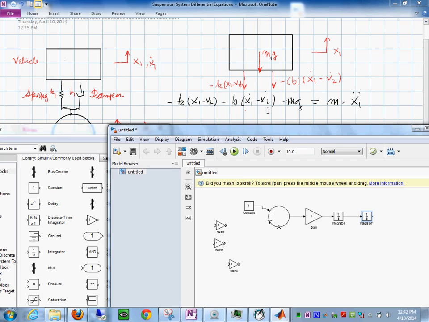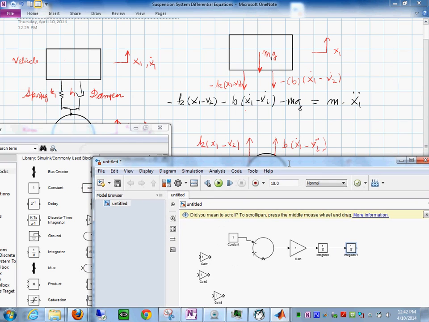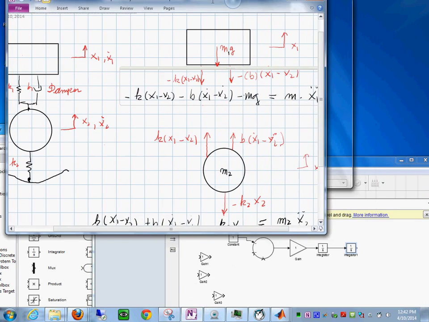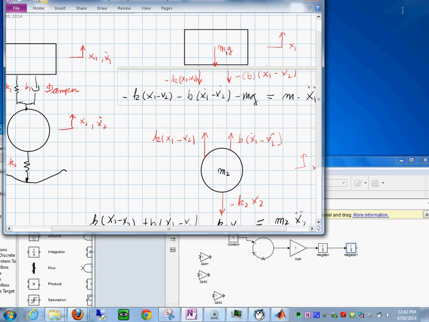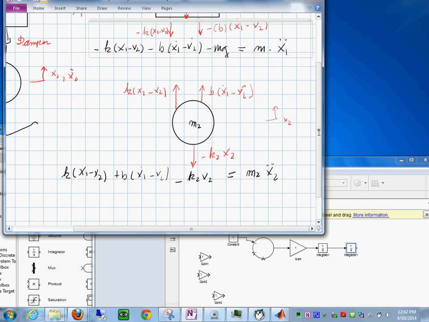So we don't have the complete information, so we have set this up so that we can build this in here, but we need the second equation to be able to do that. So what I suggest is we look at the second equation as well and do some drawing in there.